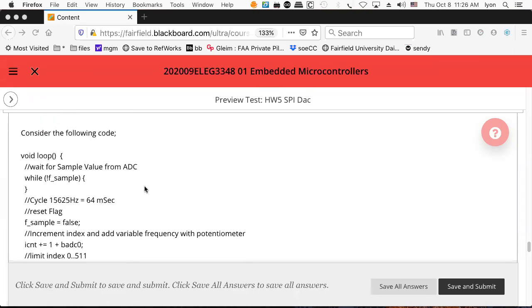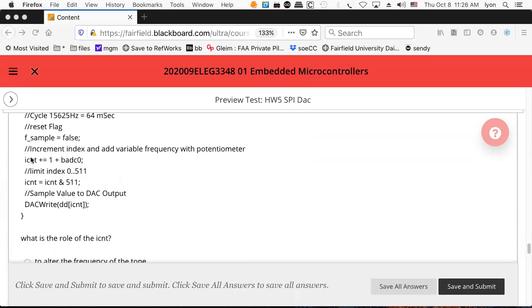The index counter is being incremented by one of the ADC bytes. We increment it by 1, and that will allow us to jump around in the jump table. And instead of checking to see if the index counter is greater than 511 and setting it to 0, what we did was AND it with 511, and that effectively limits it.